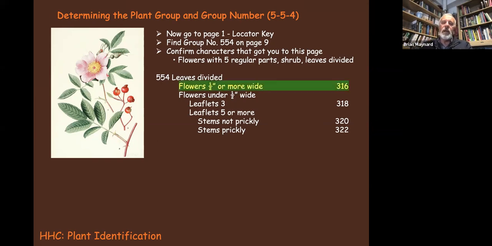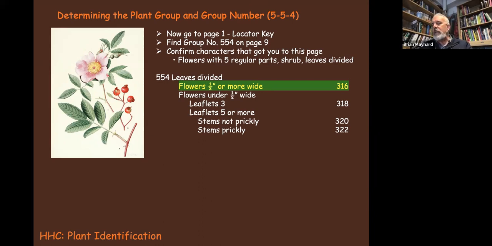But in our case, our flowers are 1/2 inch or more wide. And you might say, how do you know that? Well, I know that because I know this plant, but also if this wasn't indicated in the plant that was submitted, or if we can't see that on the plant we're looking at, then of course we'd probably have to go through all the plants between page 316 and 322. But in this case, the person that sent us this picture, me, is telling you that the flowers are 1/2 inch or more wide.